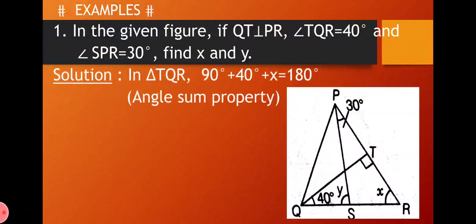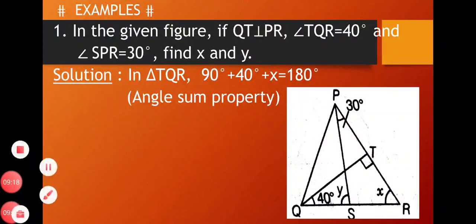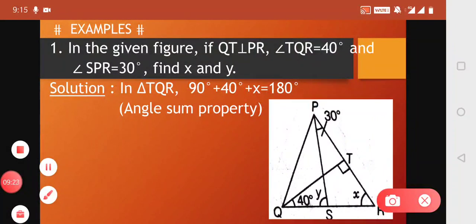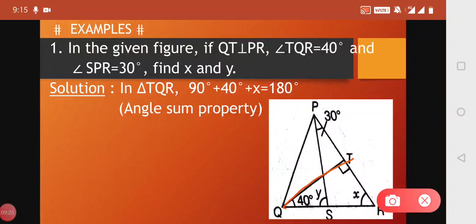For solution, in triangle TQR, let's select first angle TQR. This is your triangle TQR. In this triangle, when we add all the three angles of the given triangle, that is angle T plus angle Q plus angle R, we get 180 degree according to the angle sum property.